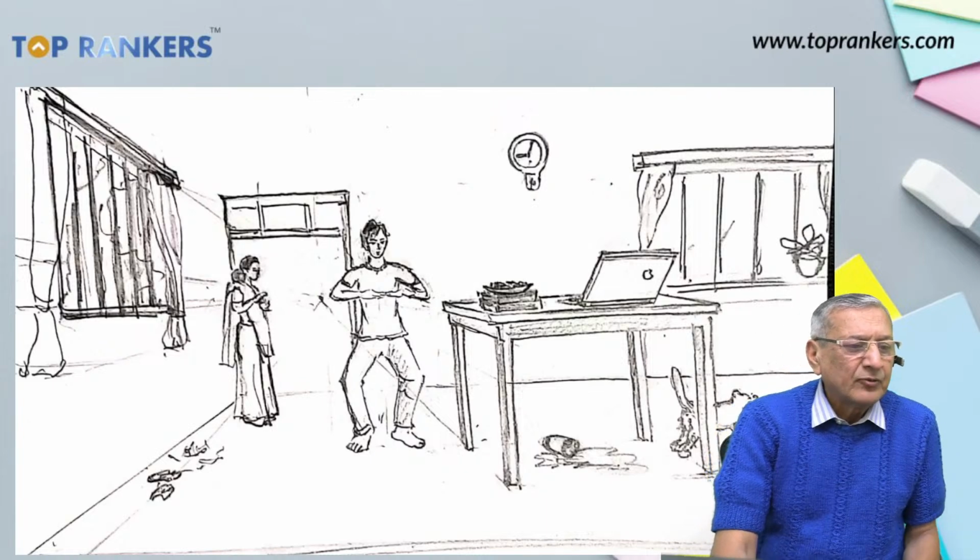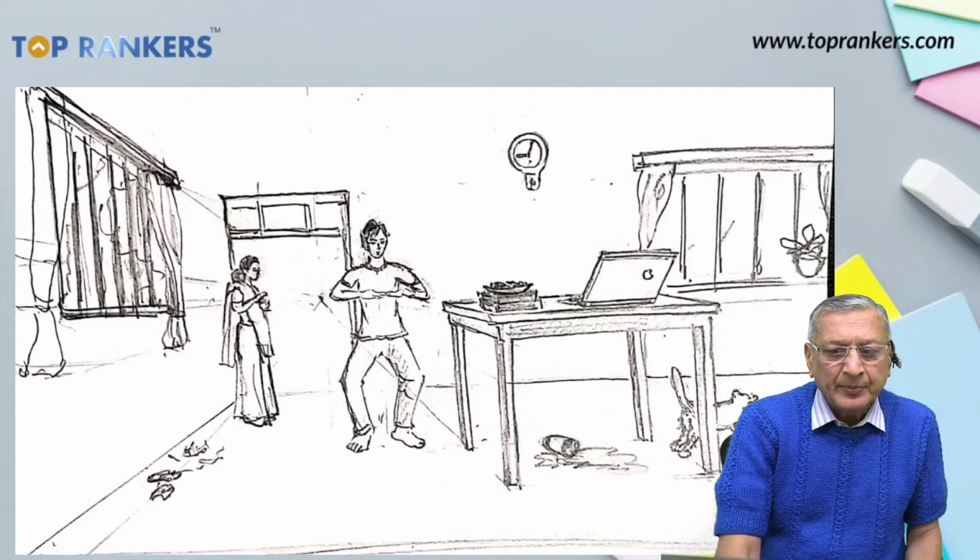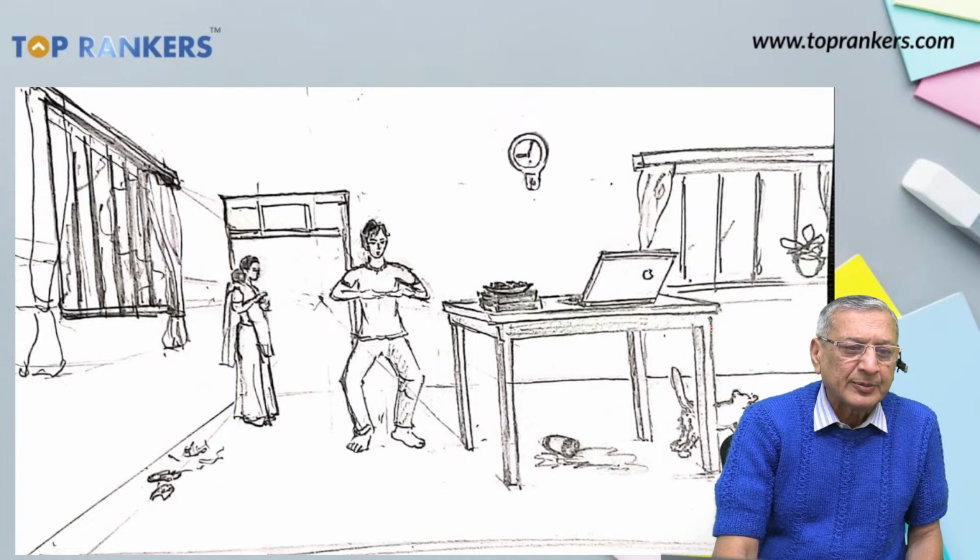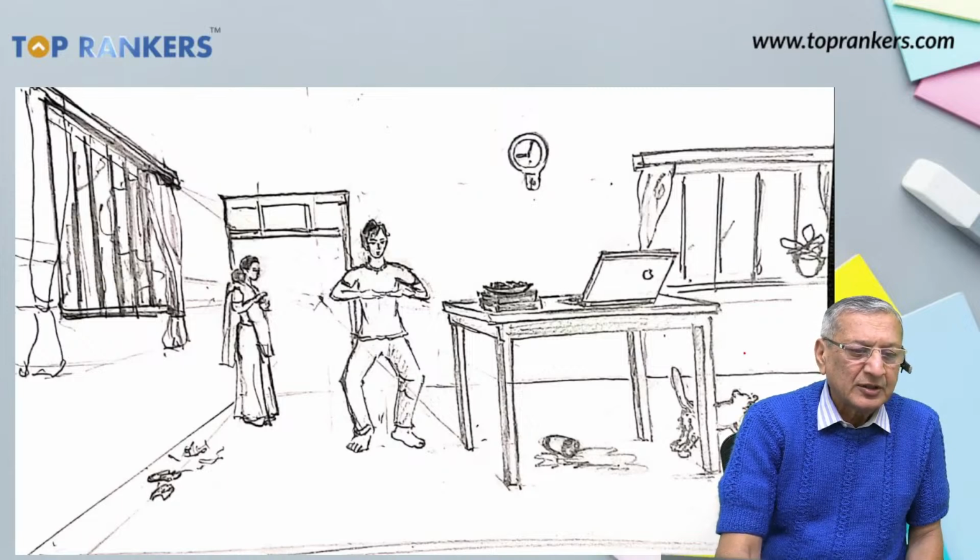Friends, I do take classes, making every student a little clearer about perspective, and of course, photography I will talk about separately. So this is how this 60-mark question could have been attended.